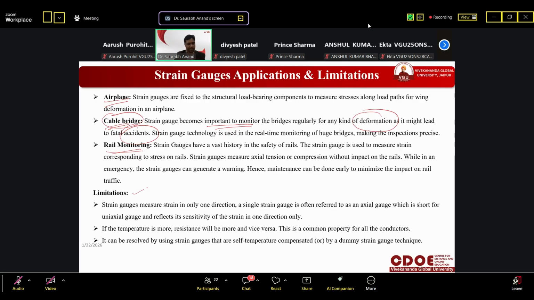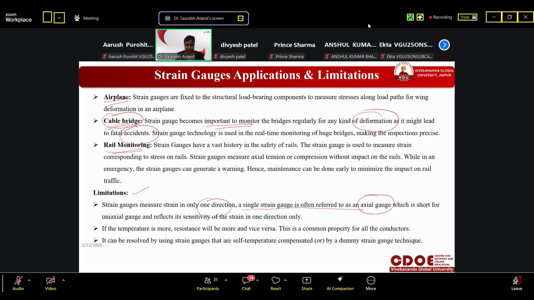But there are some limitations also, because if we are using anything, there will be limitations. This works in one direction. A single strain gauge is often referred to as an axial gauge, which is short for uniaxial gauge. Whenever we have a large application, meaning it is expanding in more directions, the strain gauge will not work properly.